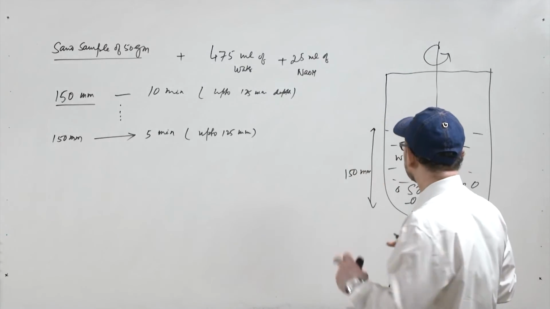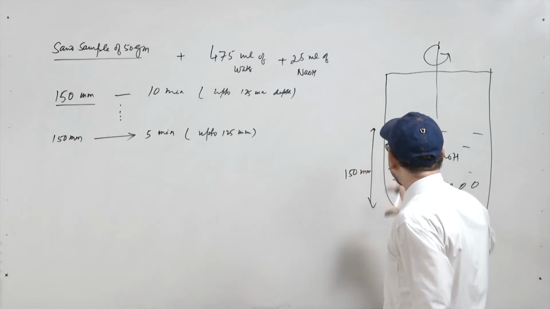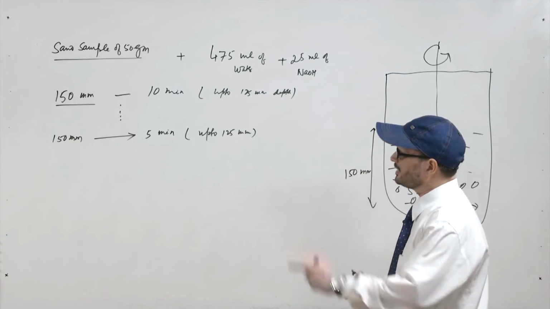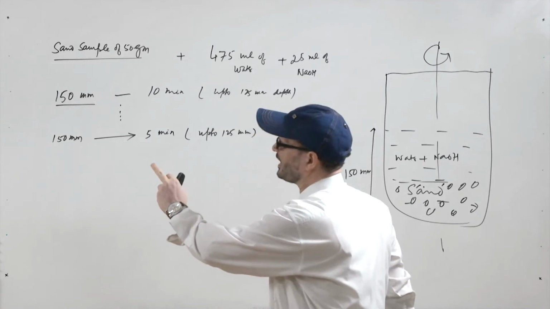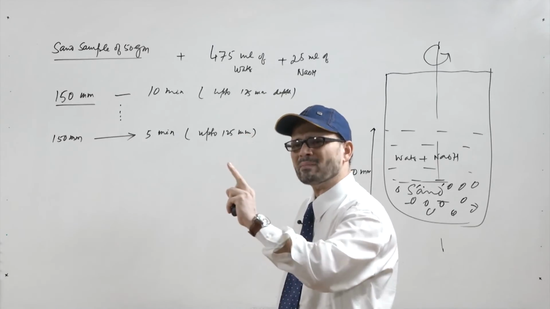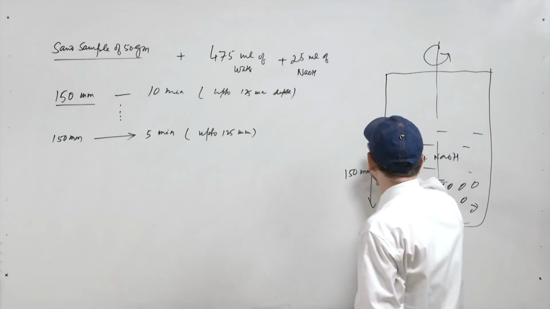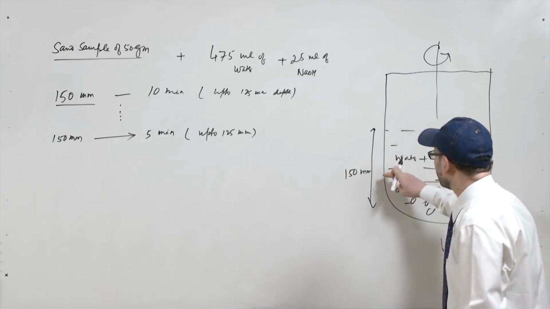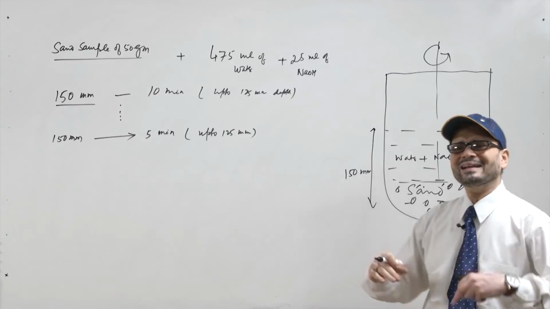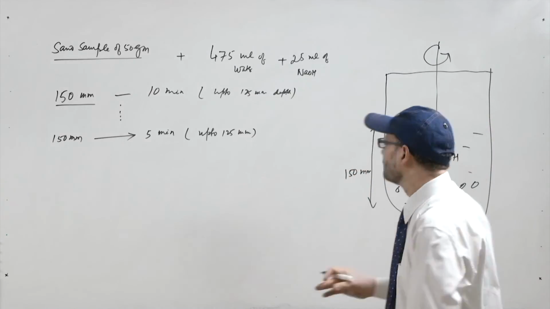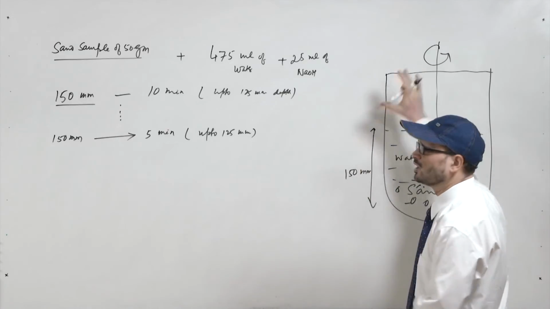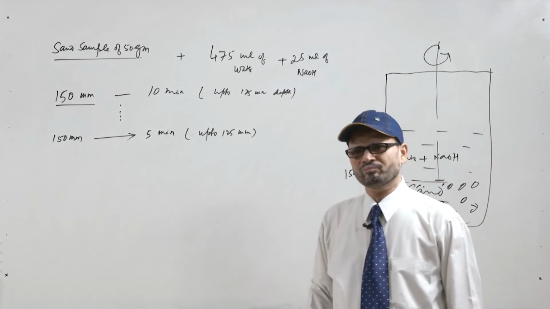Now, the concept is that from 150 mm it must settle at the rate of 25 mm per minute up to 125 mm if we take it out. So, below 125 will be all other than clay, like sand, but the clay will still be dissolved in this 125 mm portion.